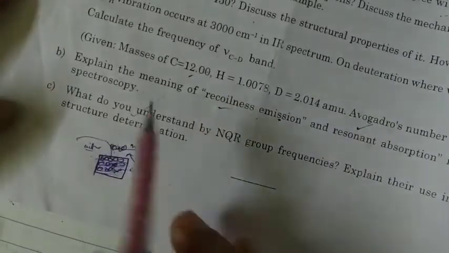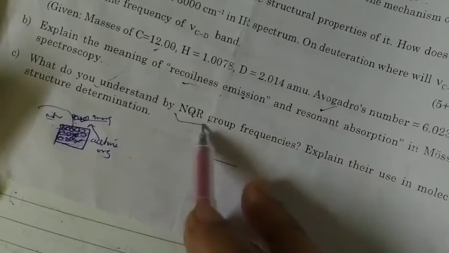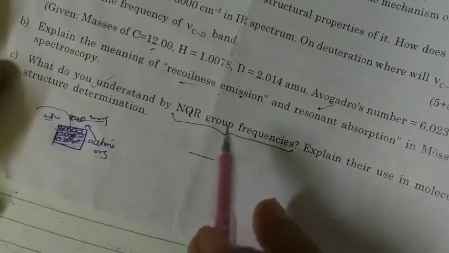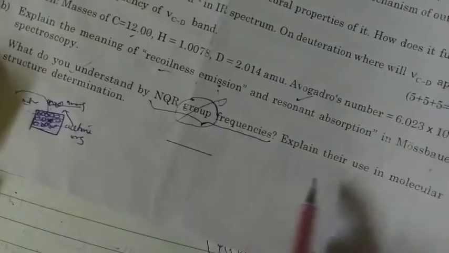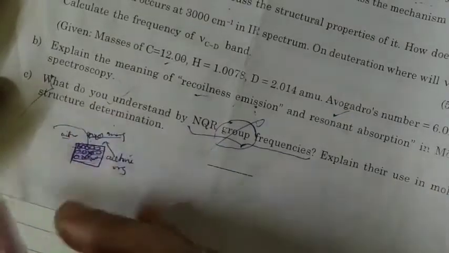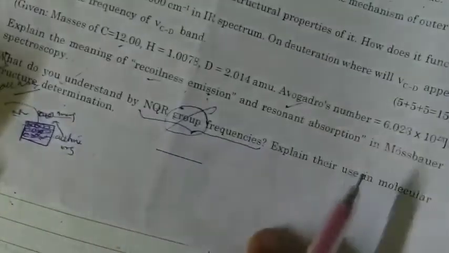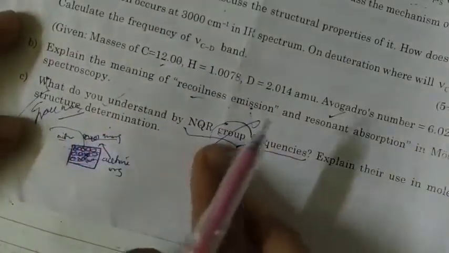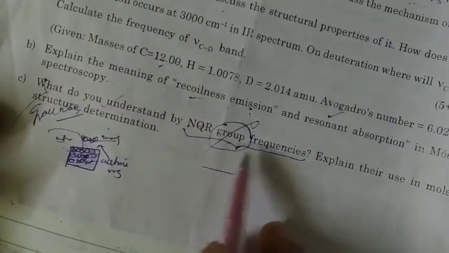Finally, what do you understand by NQR group frequencies? Explain their use in molecular structural determination. This is somewhat a group frequencies type of question, but I don't know where the word NQR has come from, so this is wrong.